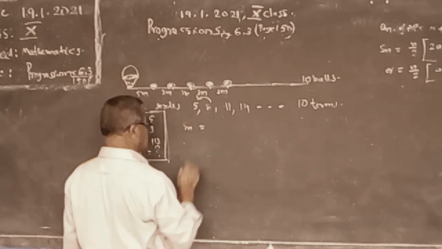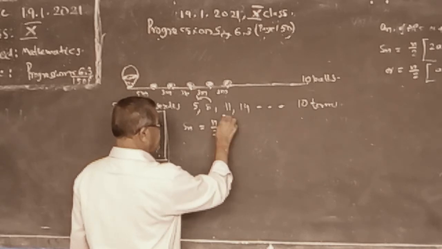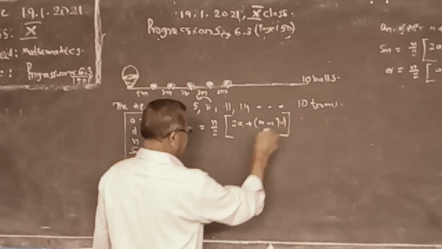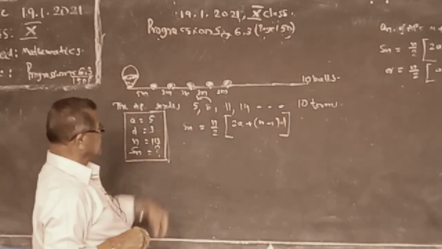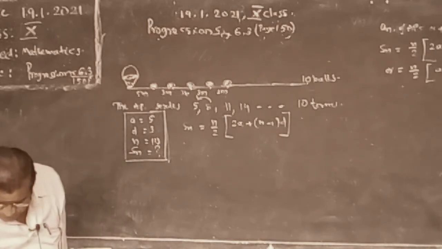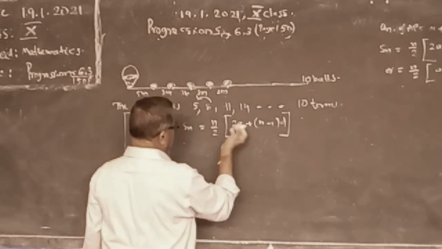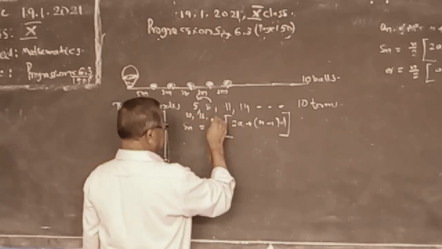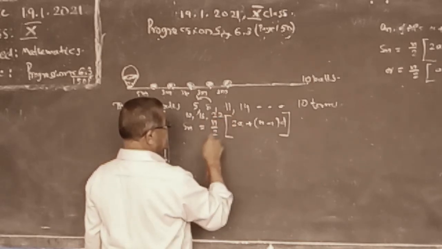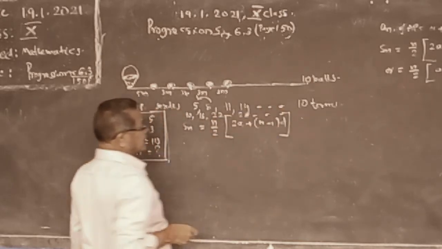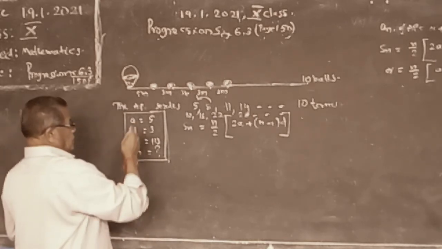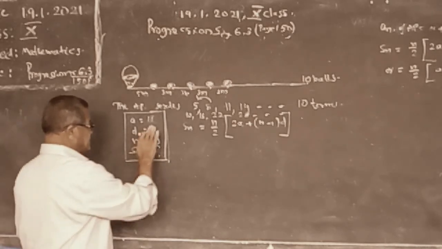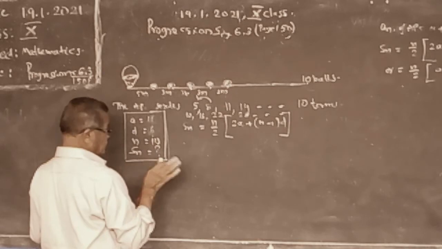Now Sn is equal to n by 2 of 2a plus n minus 1 of d. To avoid confusion, coming back, you can write 10, you can write 16, 22, 28. So here a is 10, d is 6, and n is 10.